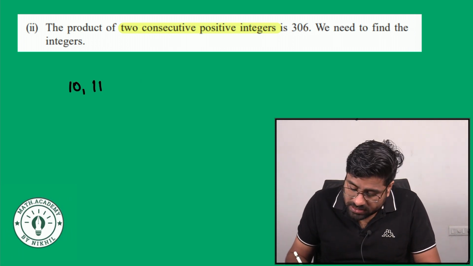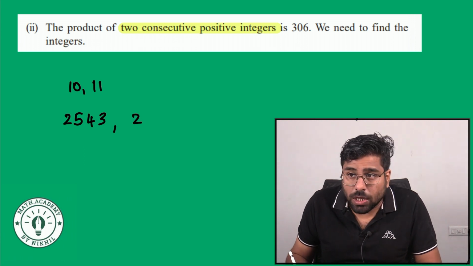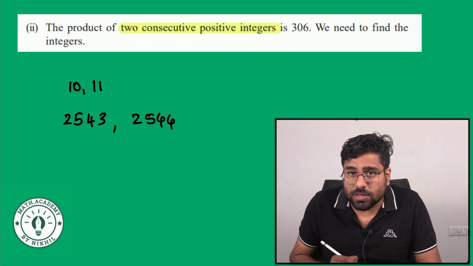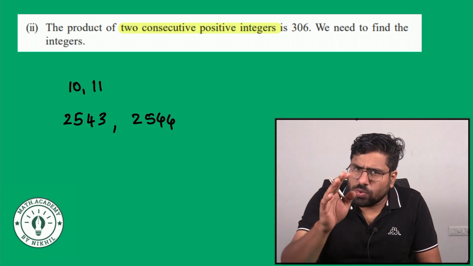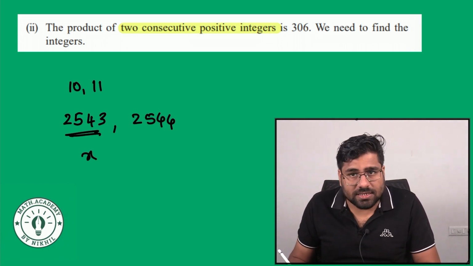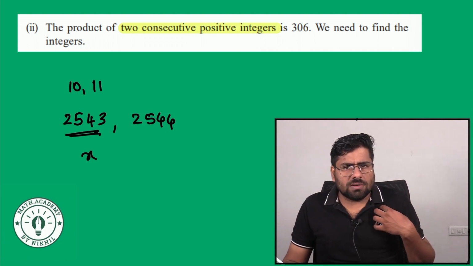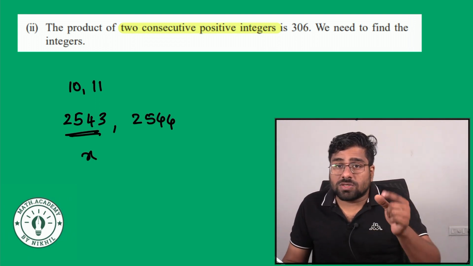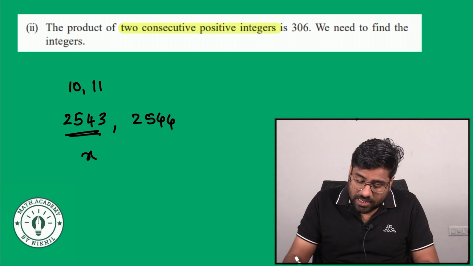If I have 2543, the next number is going to be 2544. So I hope that logic is clear. That means if I am taking this to be variable x, I am not sure about my first number, but I just know that my second number is going to be one more than the first number.